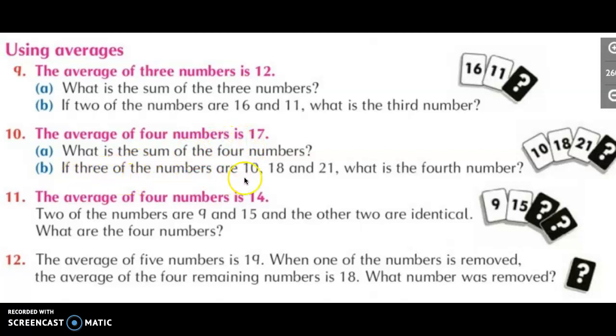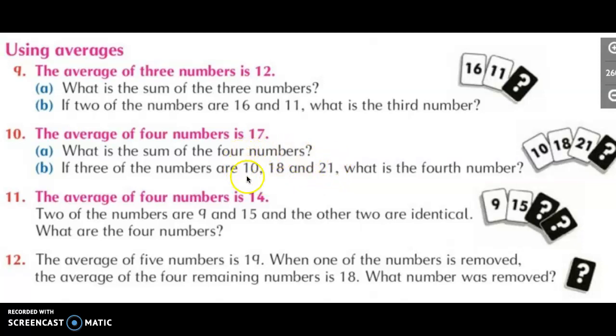If three of the numbers are 10, 18, and 21, what is the fourth number? So you've already multiplied 17 by this. And whatever that answer is, you subtract the sum of 10, 18, and 21.